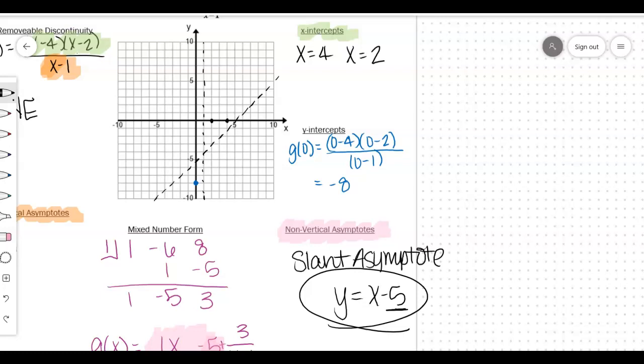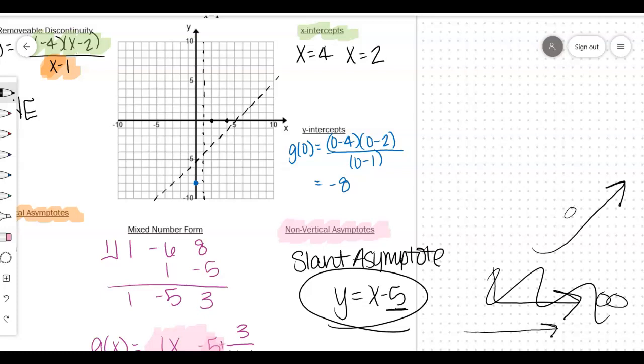So what that means is, instead of it leveling off at a number as x goes off to infinity, like a 1 or a 2 or a 0, it's just going to keep growing and growing. So as x gets bigger and bigger, y is also going to get bigger and bigger, and it's just going to keep going up.